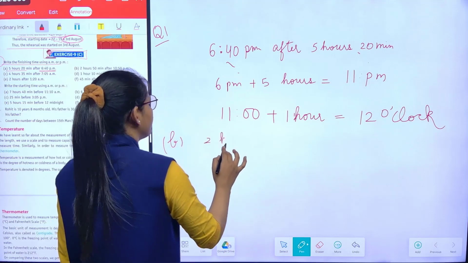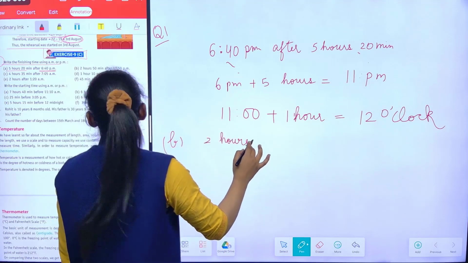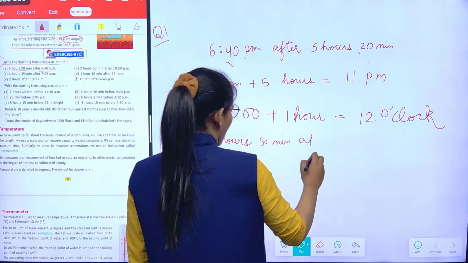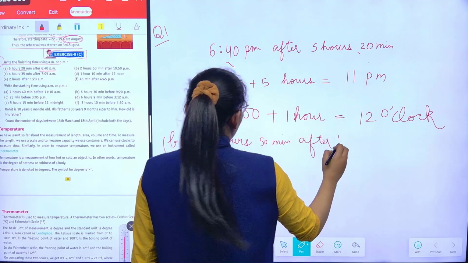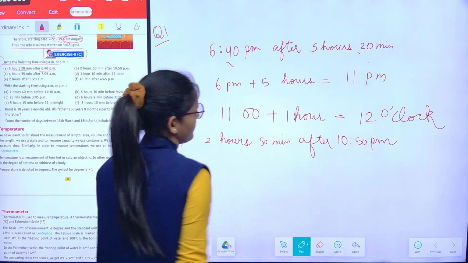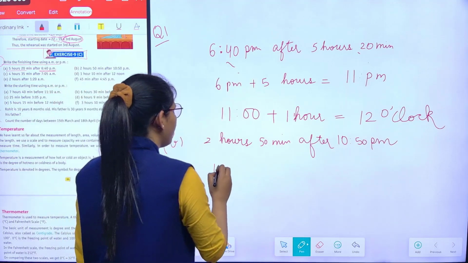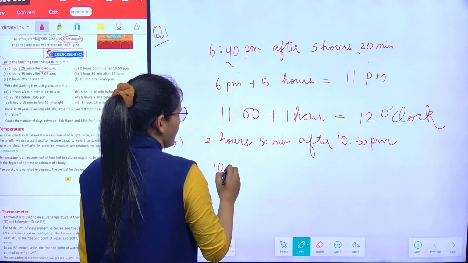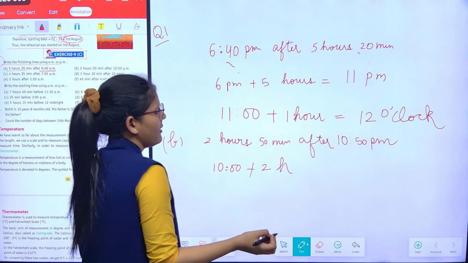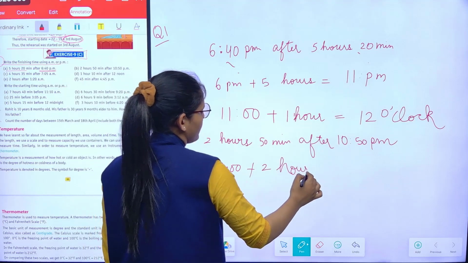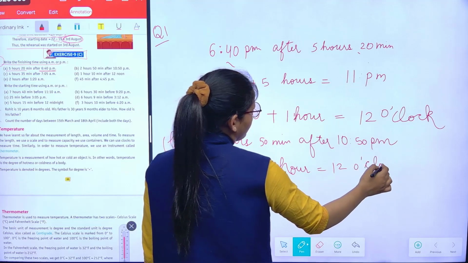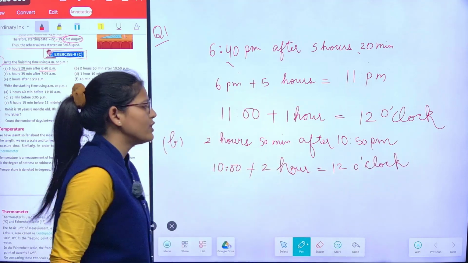Now class see the B part. 2 hours 50 minutes after 10:50 p.m. Now class 10:50, 10 plus 2 hours, that is 12 o'clock.